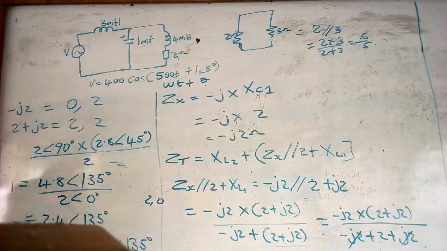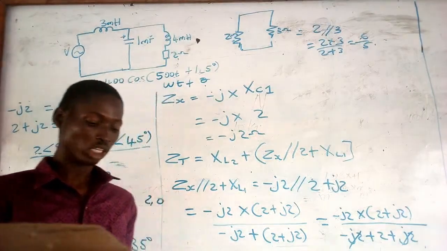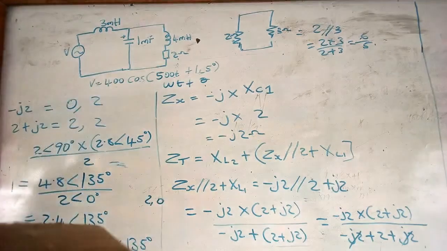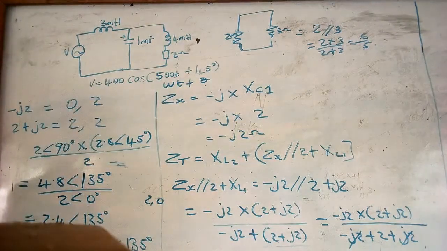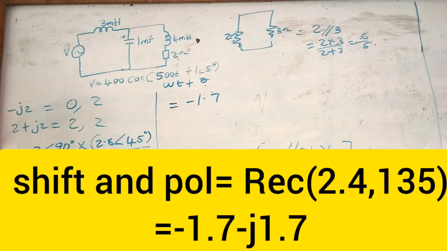How do we change it? Now this time we are going to make use of RCL and pole, shift and pole, to give us something like REC. Okay, we have 1.69. Arrange it in the proper way.